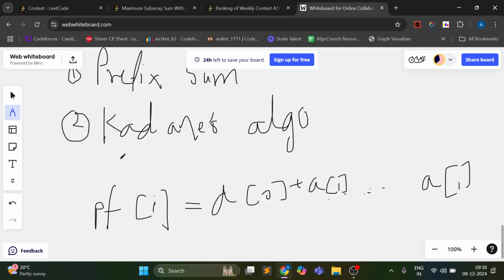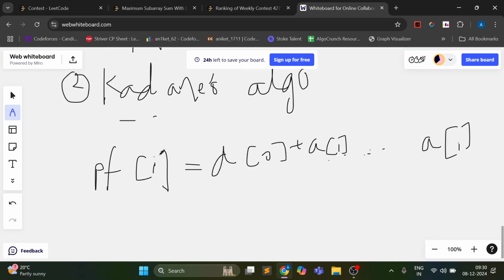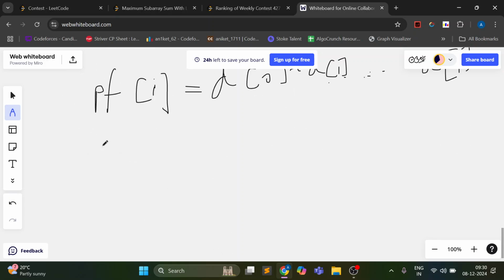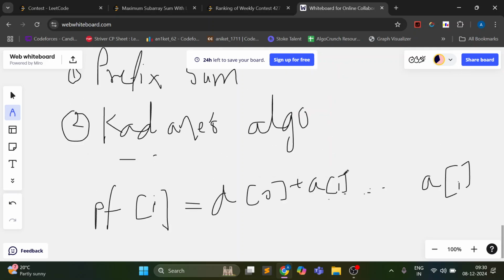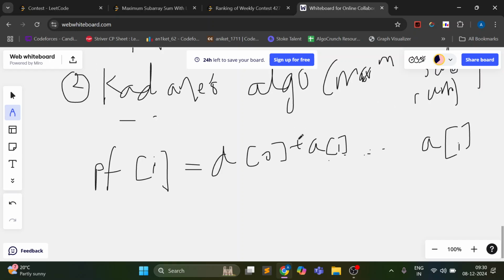Now what is Kadane's algorithm? Kadane's algorithm is an algorithm to find the maximum subarray sum, where there is no condition. So we are given an array and we have to find the maximum sum of any subarray in that array.